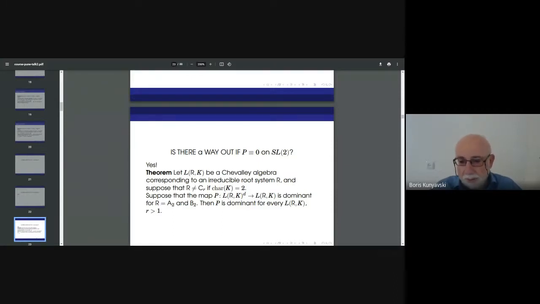We cannot do better. For instance, just for those who like challenging questions, I didn't write it down, but even in the case A2, so SL3, we do not know whether we can drop this assumption that the map is dominant. For instance, let's suppose that our P is identically 0 on SL2.